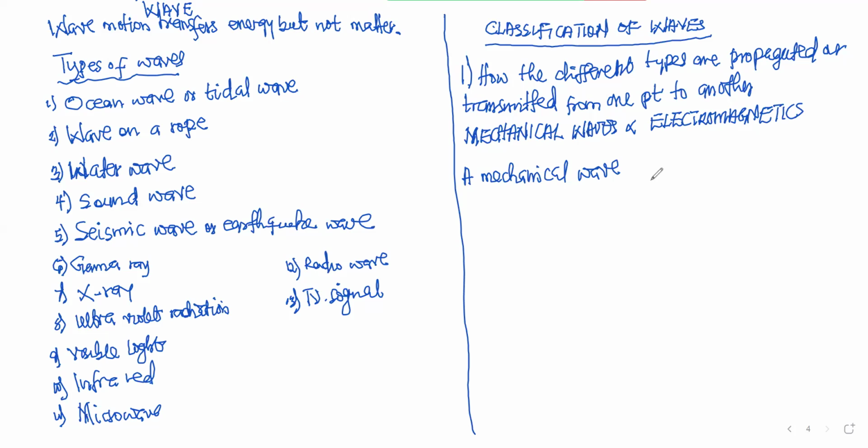If there is no air particle, there can be no sound. So all waves that require a medium to be propagated from one point to another are grouped under mechanical waves.